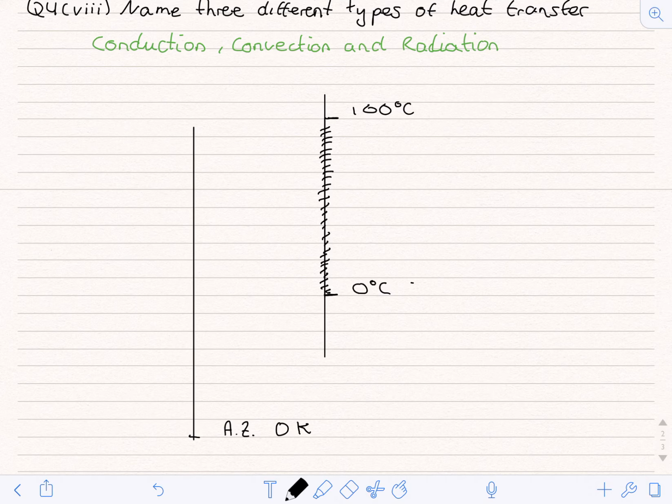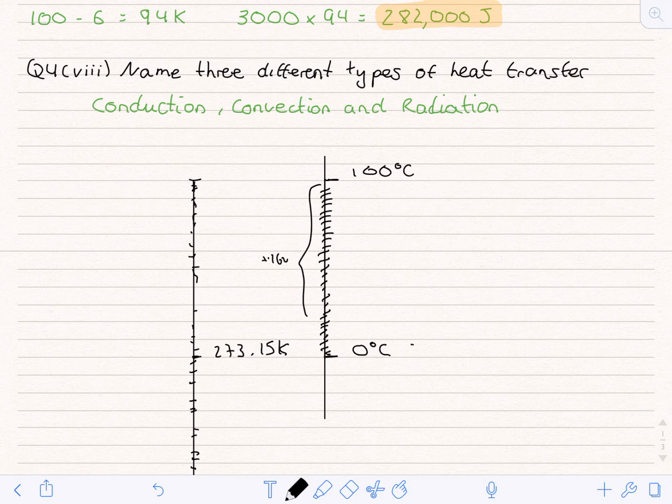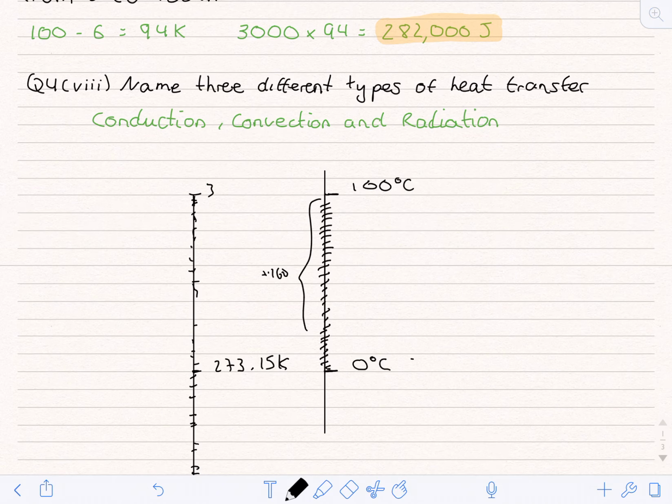Then they started going up by the exact same unit, and by the time they got to our 0, this is called 273.15 Kelvin. Then they kept going, and once they get to 100 degrees of our unit, this would be 273 plus 100, which would be 373.15 Kelvin.